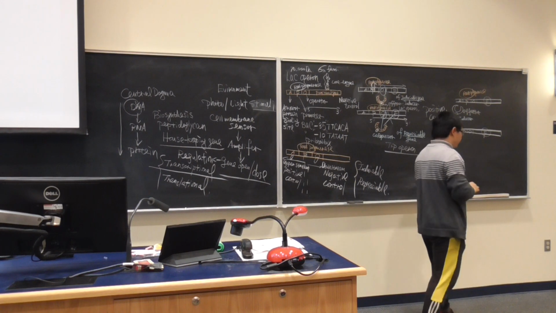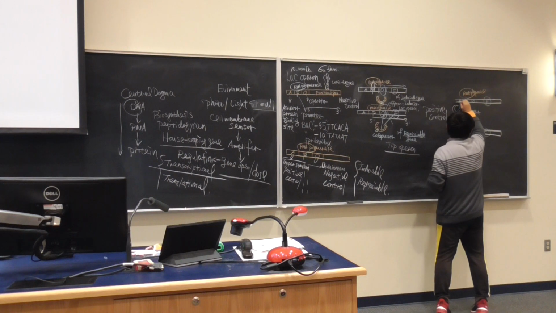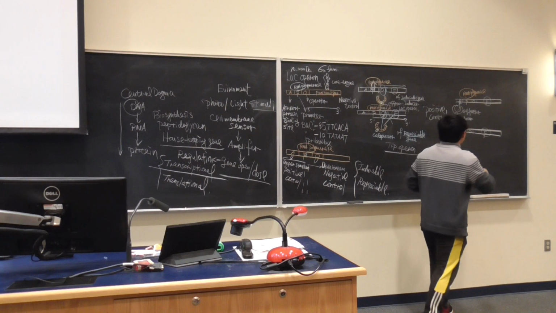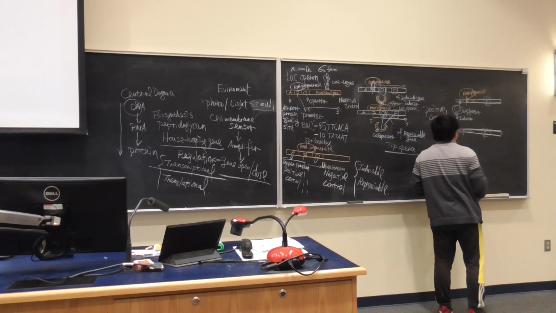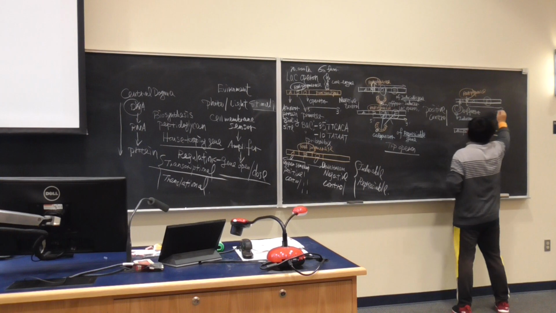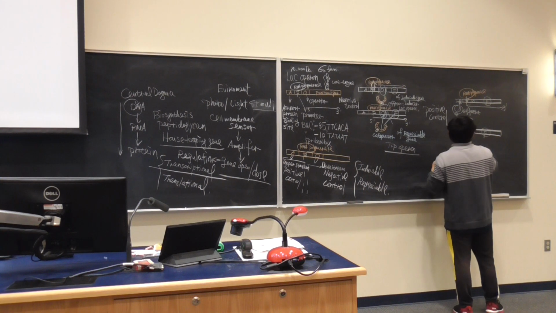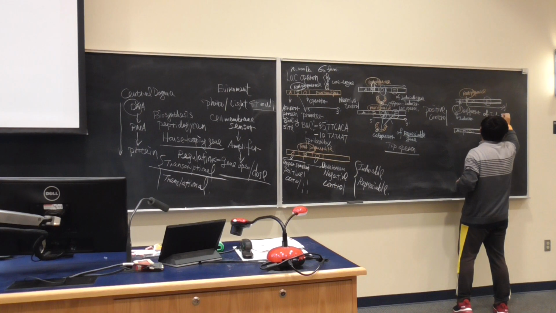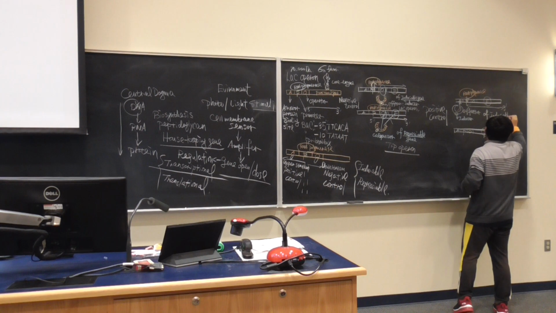They combine with the effector, then this gets attached to the A, not O, attached to the A. Then RNA polymerase and the P combine, and they start to have transcription. So what is it called? This is called positive control of inducible gene.